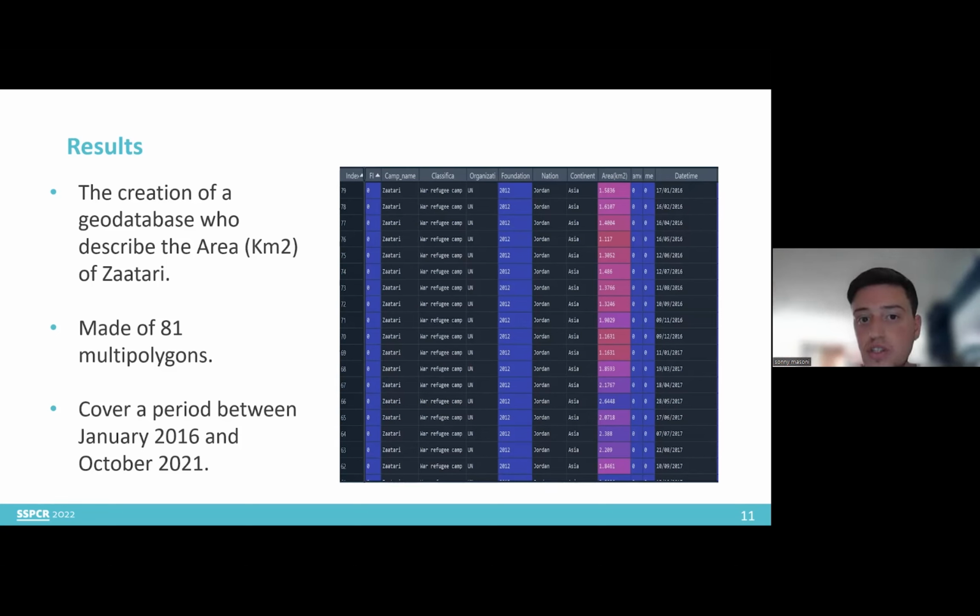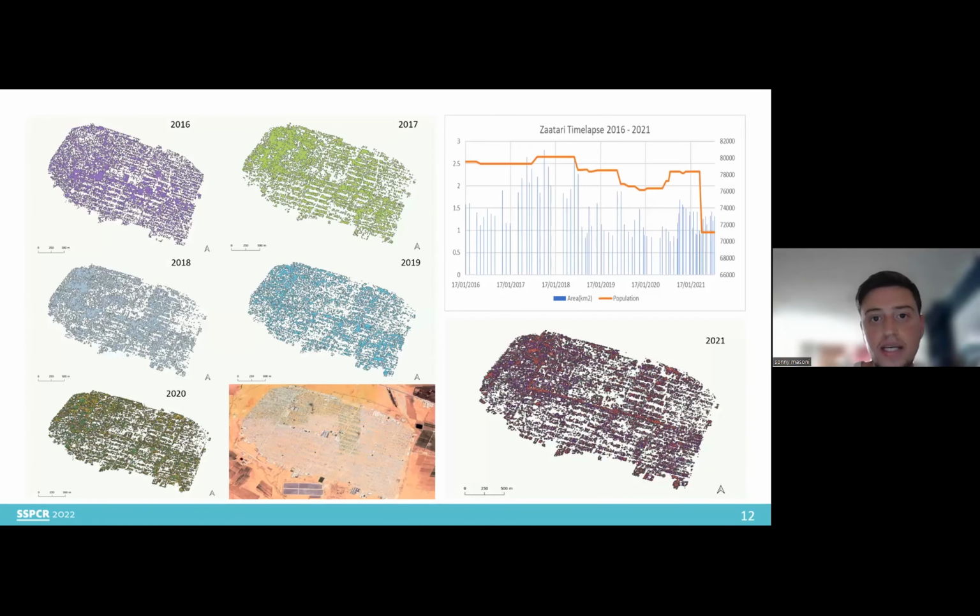The creation of this huge data set, as you see in the rendering here, permits us to analyze and give a visual example of how that area has grown during the last years. I'm sorry, because that area has a lot of structures, so it's difficult to understand how it grew over time.